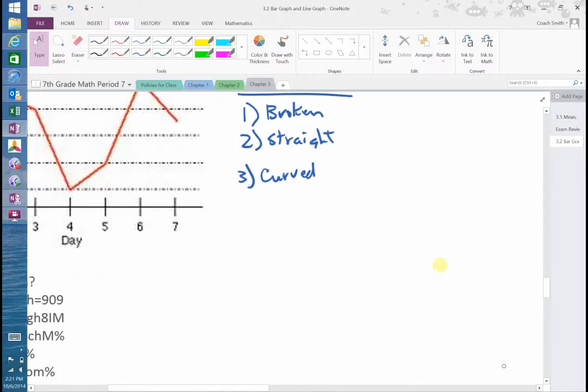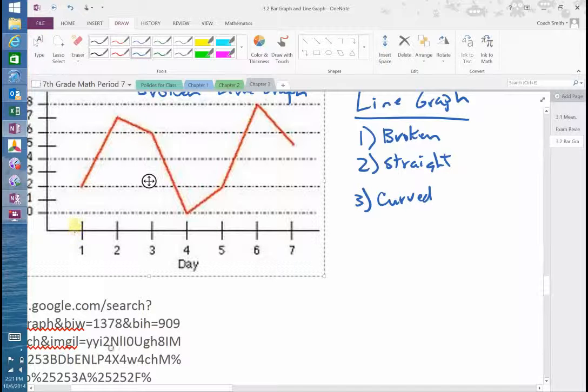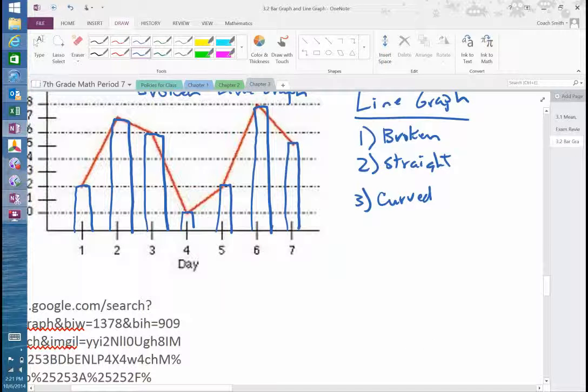Okay, this is very similar to a bar graph. In other words, if I had a bar that went like this, another bar that goes right there, another bar that goes right there, okay, you would have a bar graph.